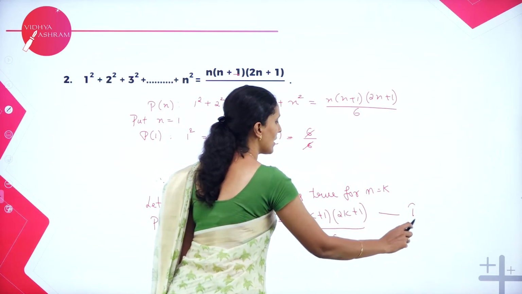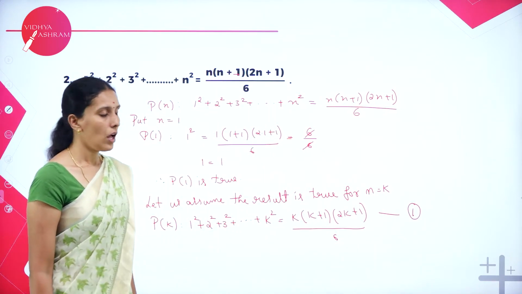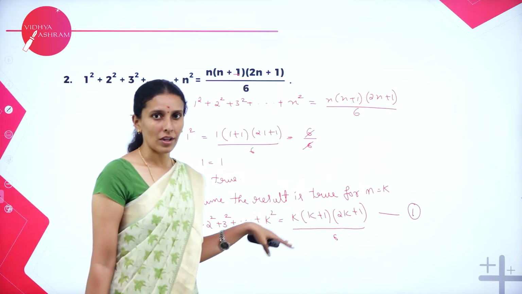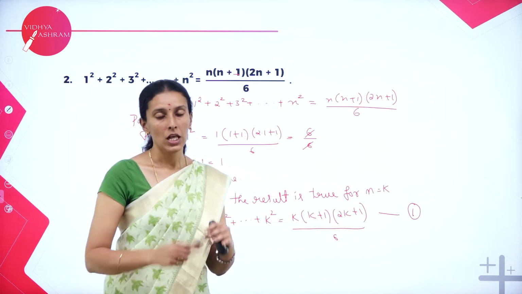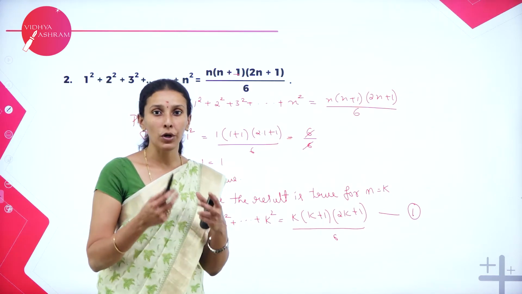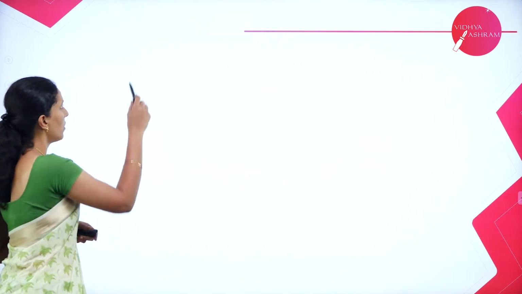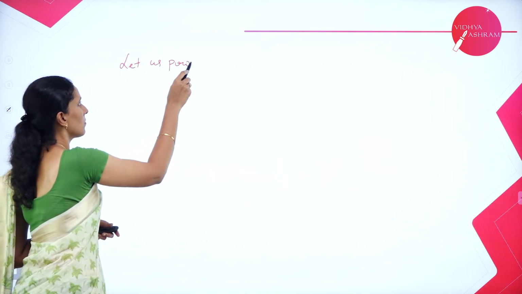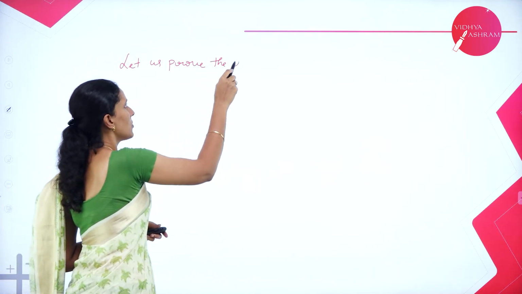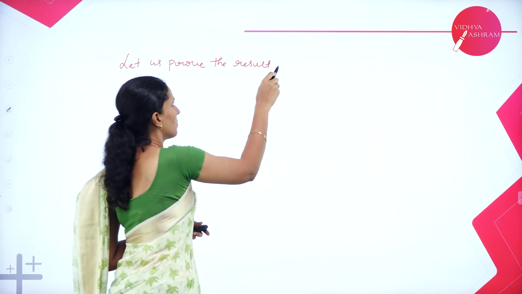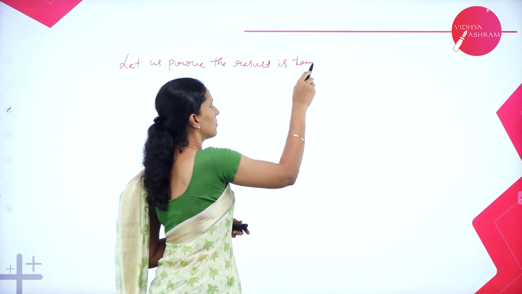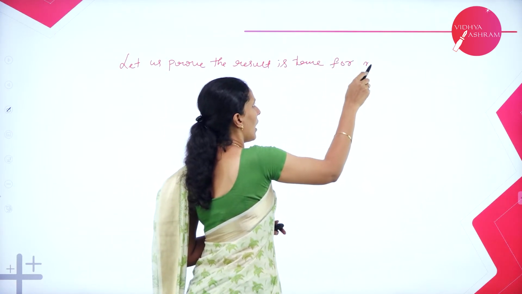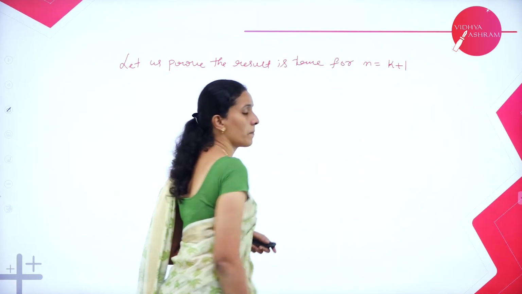Let me take this as equation 1. Now we have assumed it is true, so therefore we have written the equation. Let us prove it for n is equal to k plus 1 values. So let us prove the result is true for n is equal to k plus 1.